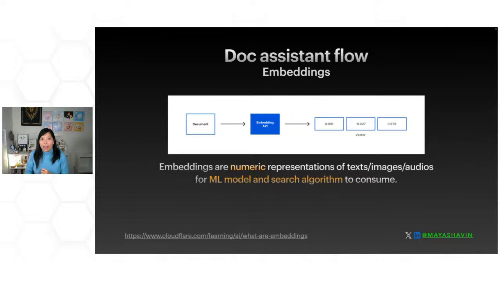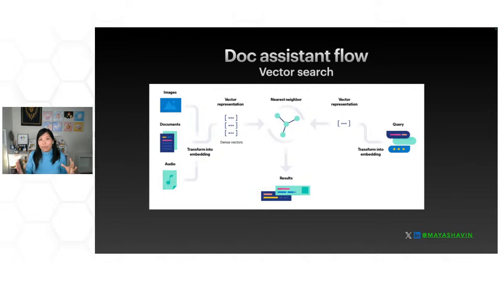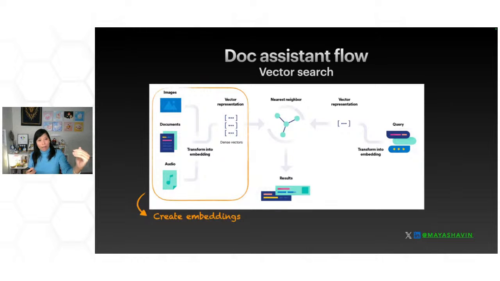Okay, and that comes to the flow of vector search. Vector search is something new because it gives a very accurate response for searching. In this flow, our create-embedding component falls into the first part, where we have image, document, and audio. In our scenario, we have documents.